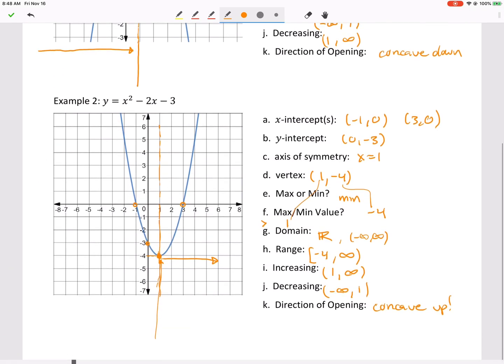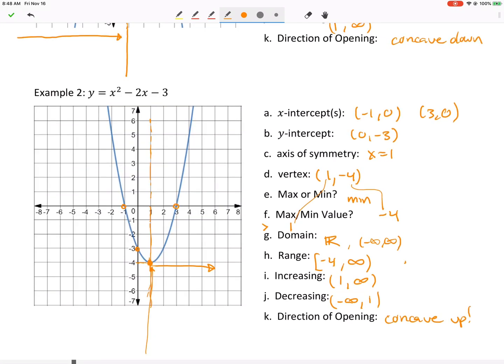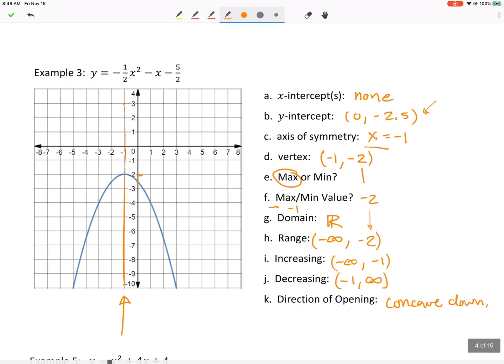All right, for this one, you would look at it and you'd say y is greater than or equal to -4. Okay, or you could write this one as, oops, I messed up this right here. This should be a bracket. Okay, I imagine that a lot of people forget that on the test as well.